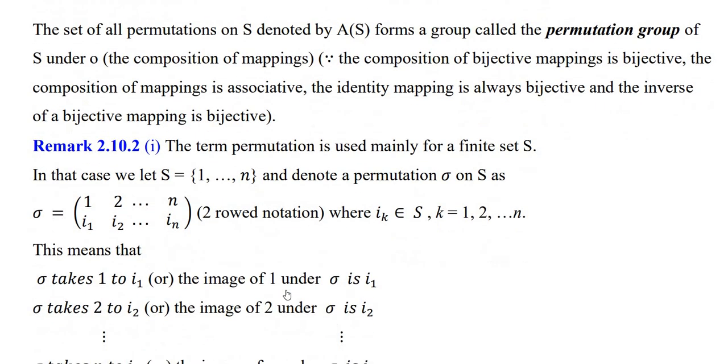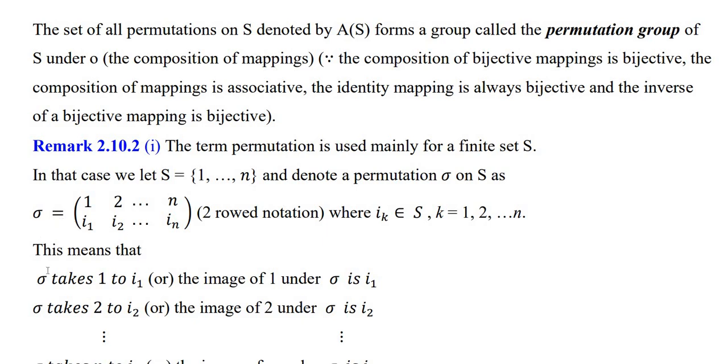Now we have these few remarks. The term permutation is used mainly for a finite set S. In that case, if S denotes this, then we denote a permutation sigma on S in this two-row notation. In the first row, we have the elements of S and the corresponding images in the second row.